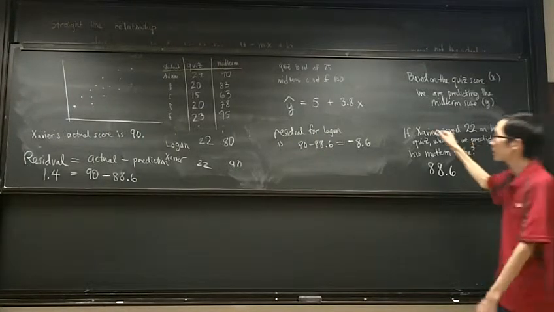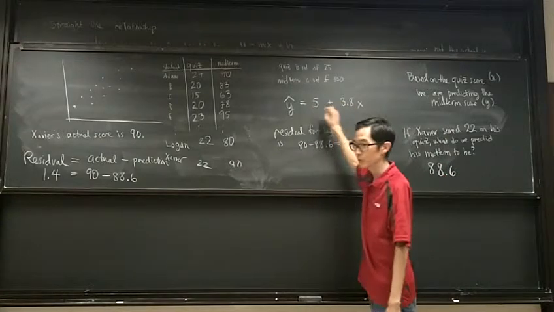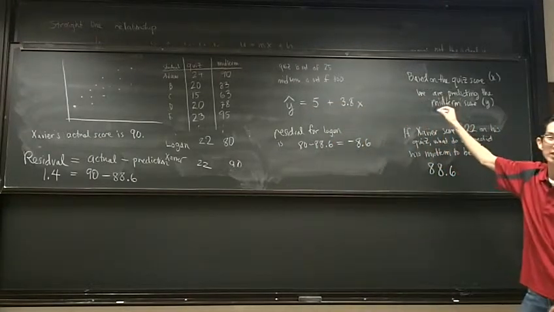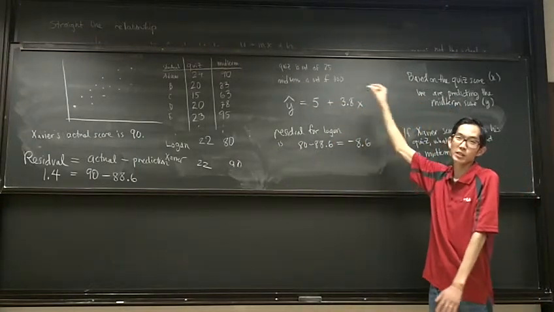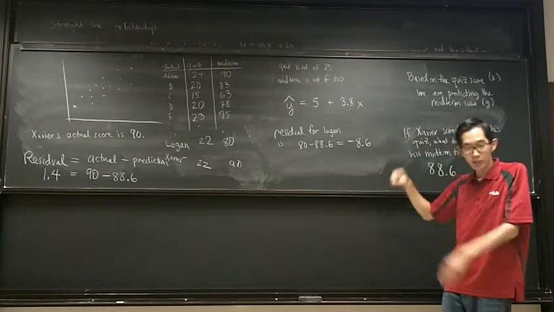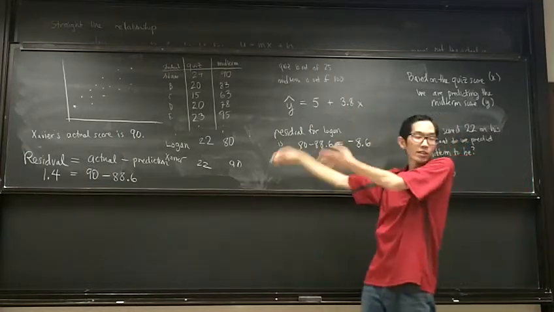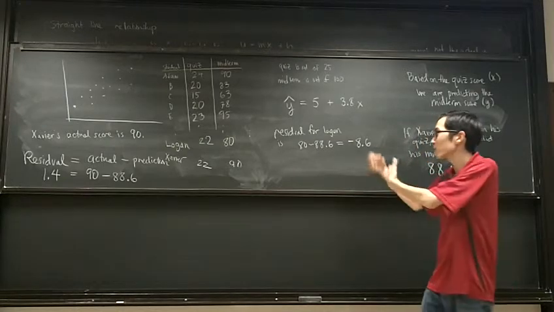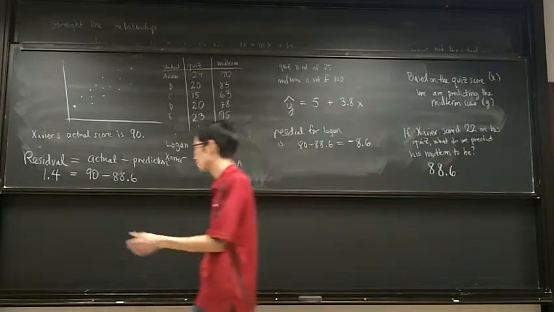Let me talk about how we got these numbers themselves. I just presented this equation. But if you had to do the analysis yourself, there is a way to actually calculate these things.